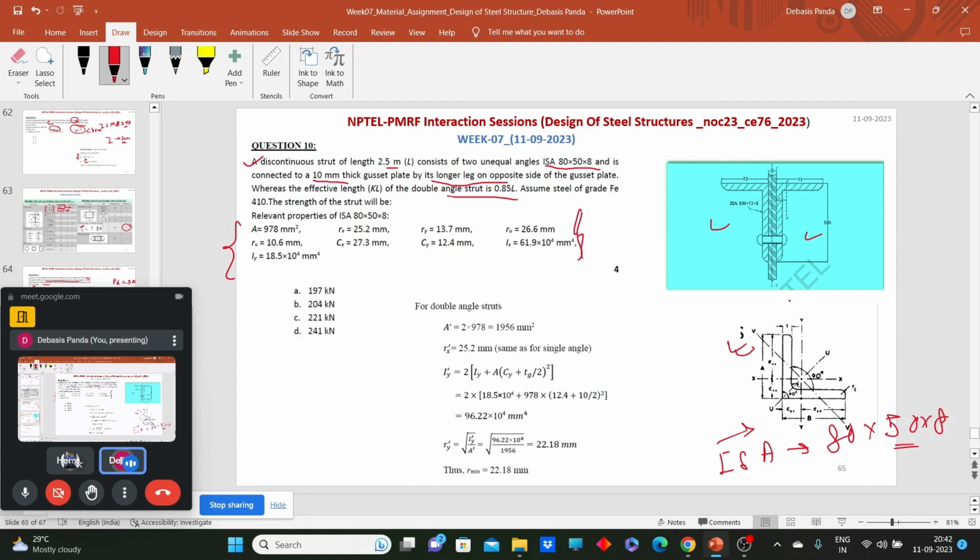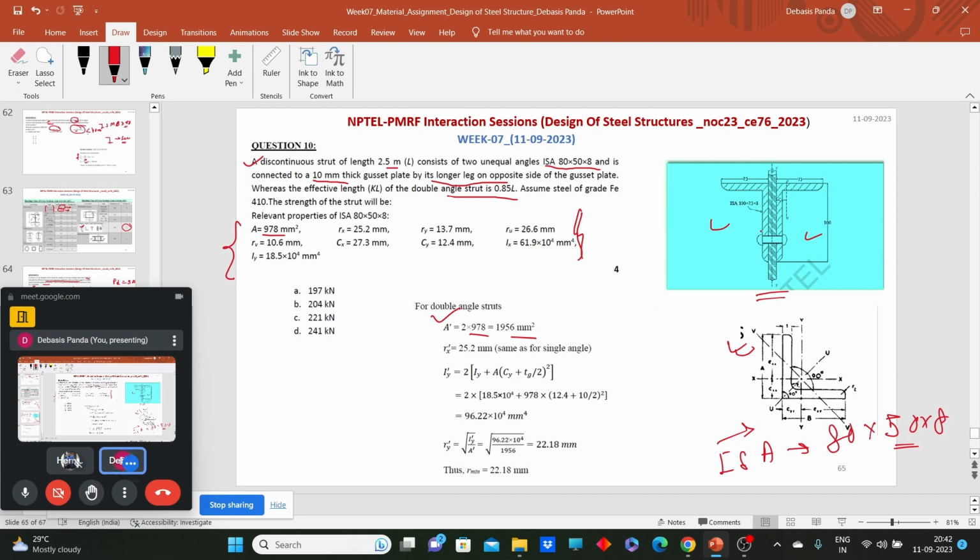But our arrangement is made up of two ISAs. So for these two ISAs, what will be the total area? It will be nothing but multiplied by 2. For a single ISA, the cross sectional area is 978. So for two sections, the cross sectional area will be simply 2 into 978, that comes as 1965 mm square.